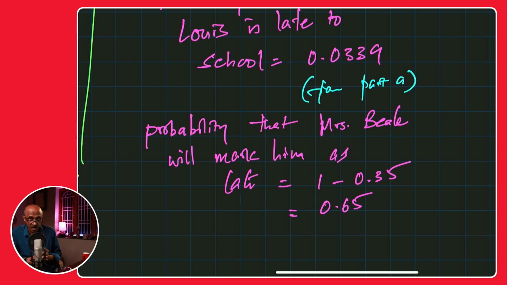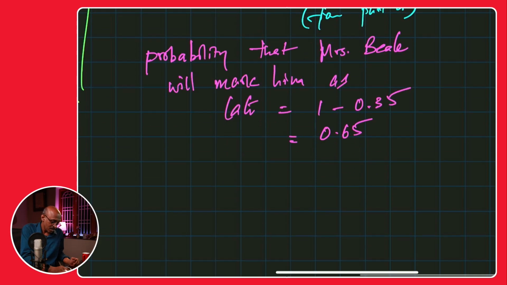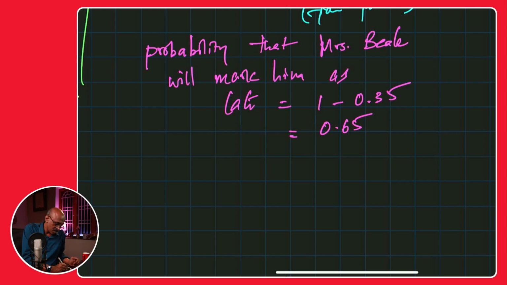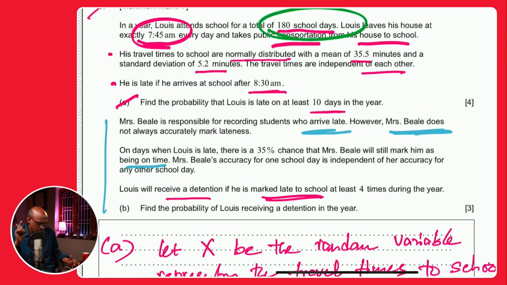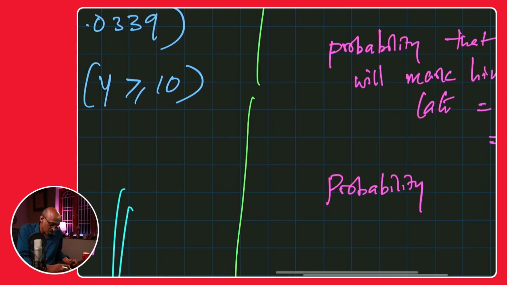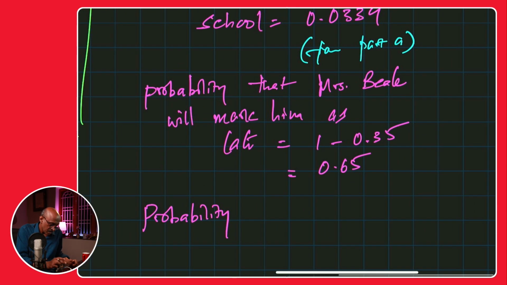There's a 65% chance that he's going to be marked late when he is late. All right, now we can write down the probability. So I think we need to change the language a bit, because he's marked late if he's late. Let's change the wording slightly.